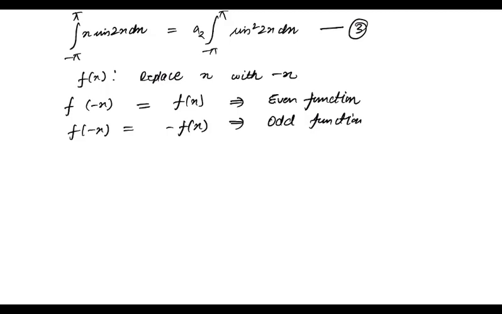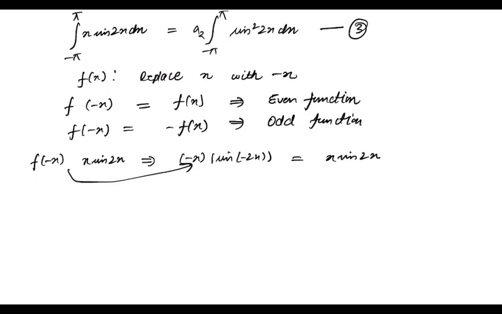So in x sine 2x, if we replace x with minus x, we get minus x times sine of minus 2x, which is nothing but x sine 2x. So your f of minus x is equal to f of x. So this is an even function.